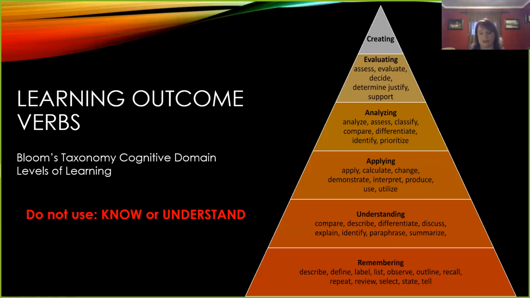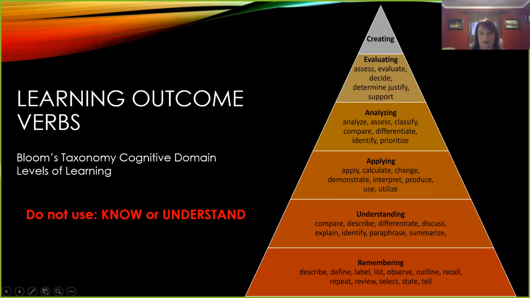But I do try to consider how they actually would demonstrate the knowledge. So I use outline quite a bit if it's a process, describe if it's a theory or a policy, they can describe that. So I look at what words apply, and I try not to have all of my learning outcomes start with the same words.